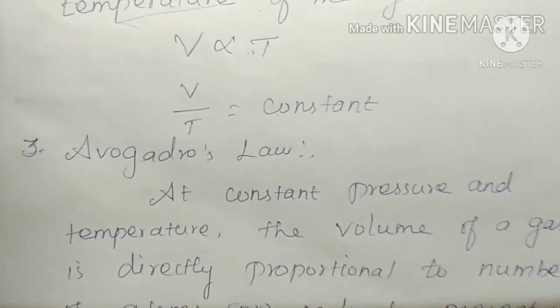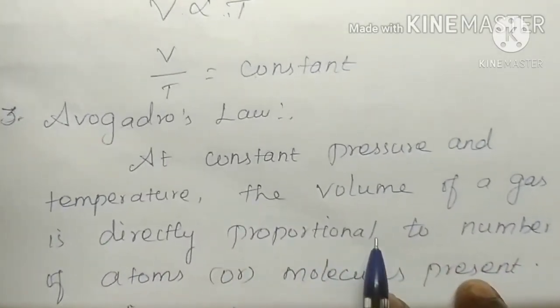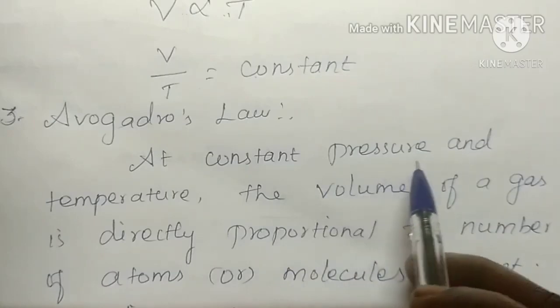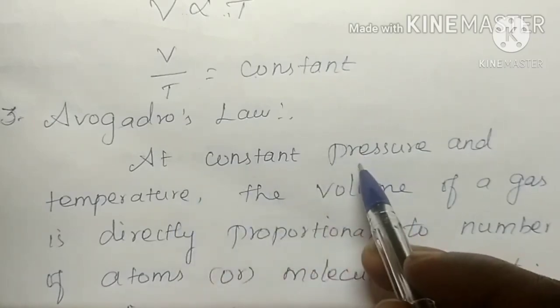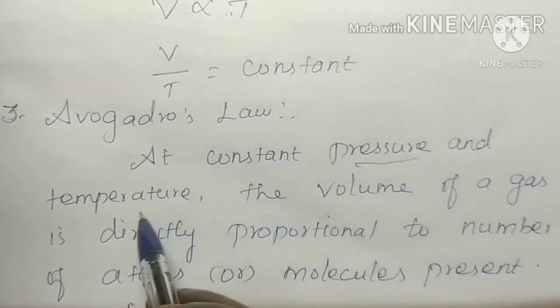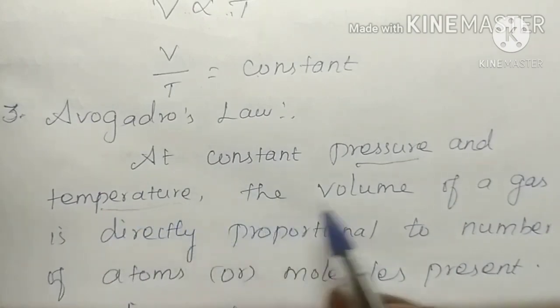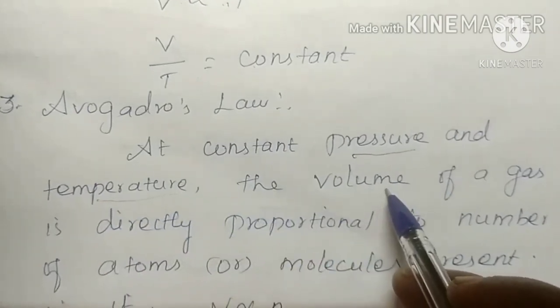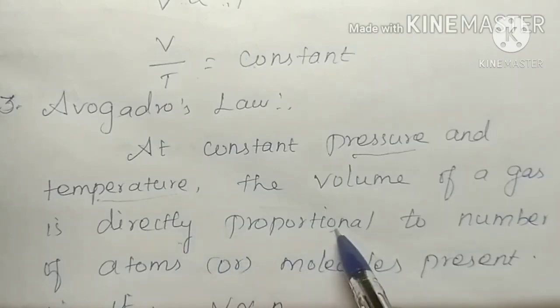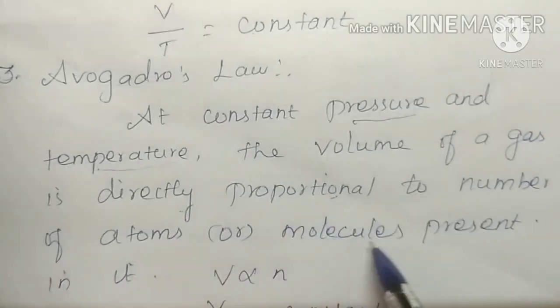So next one, Avogadro's law. Here what it states is that at constant pressure and temperature, the volume of a gas is directly proportional to the number of atoms or molecules present.